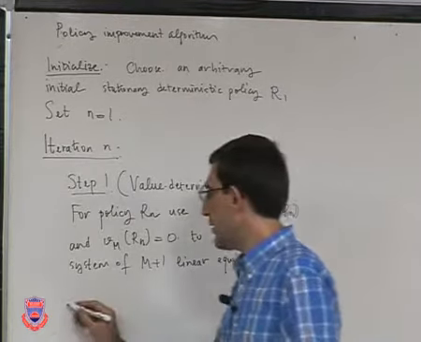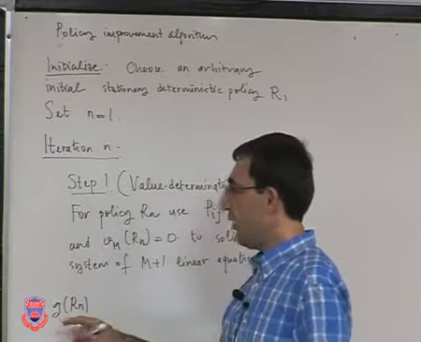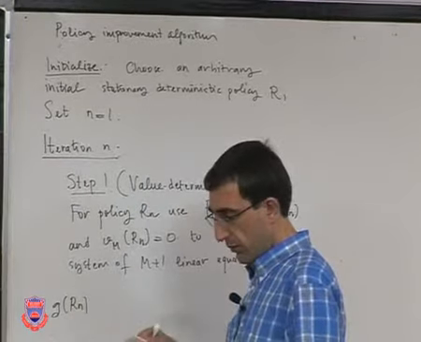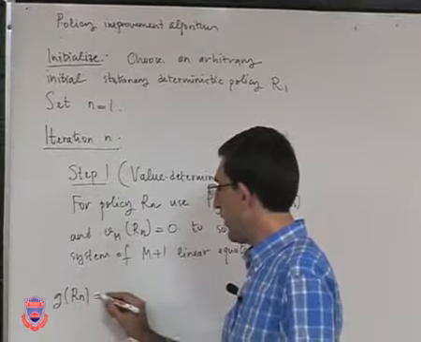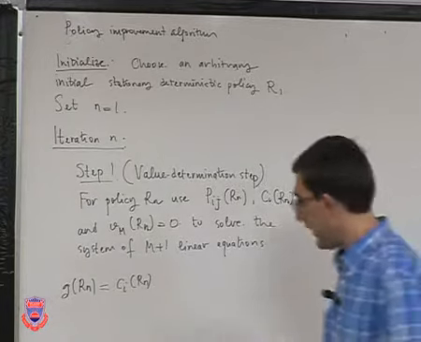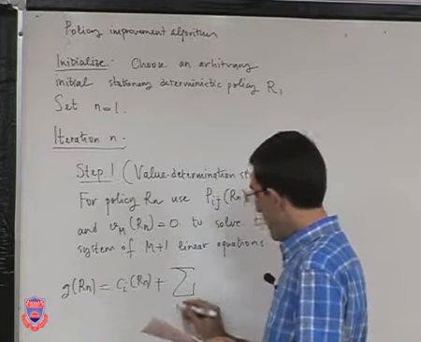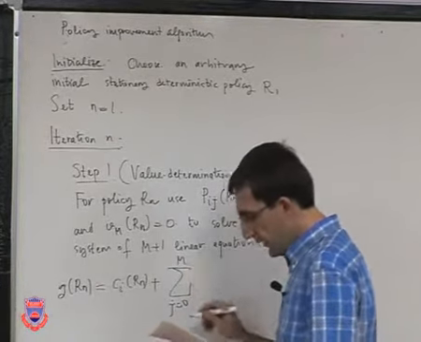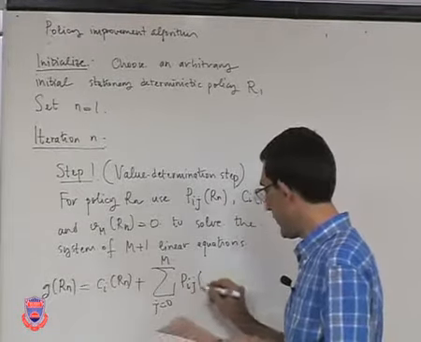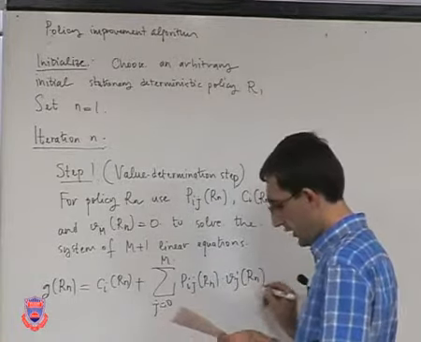These equations are just like the ones we wrote before. g is the long-run expected average cost per time unit if you run the Markov chain under policy Rn, which equals the immediate expected cost in state i under policy Rn plus the sum over all states j of the one-step transition probability from i to j under policy Rn times the relative value of state j under policy Rn.